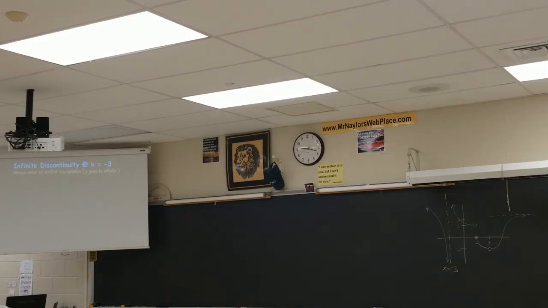An infinite discontinuity is really a vertical asymptote, but it's because we literally are going to infinity. And as you're going to find out today, discontinuities, the way that we describe them, have to do with what is happening on the graph.